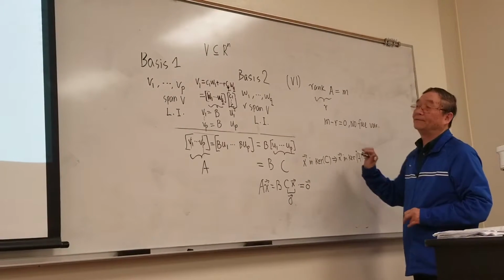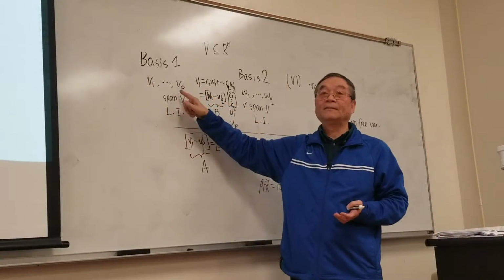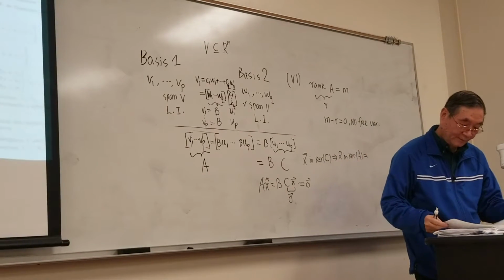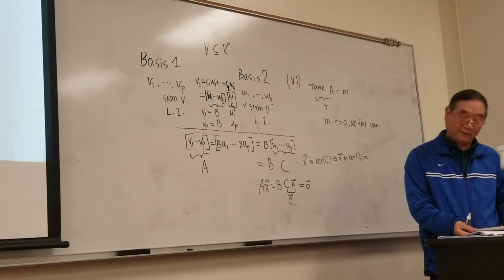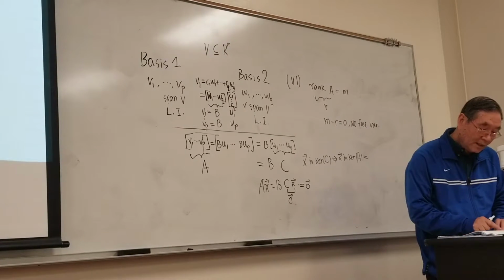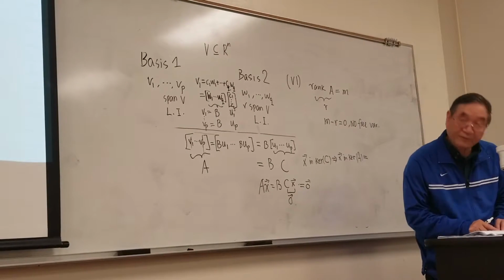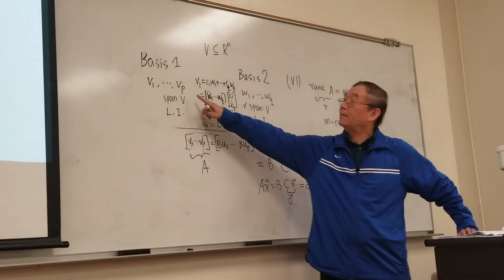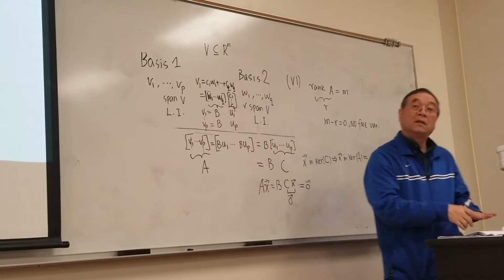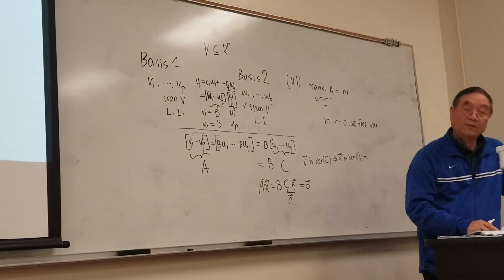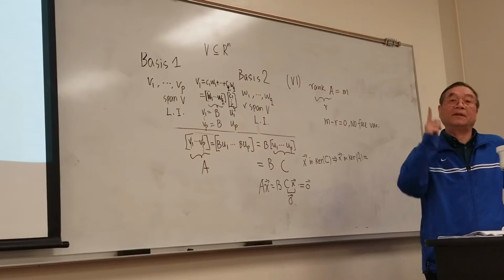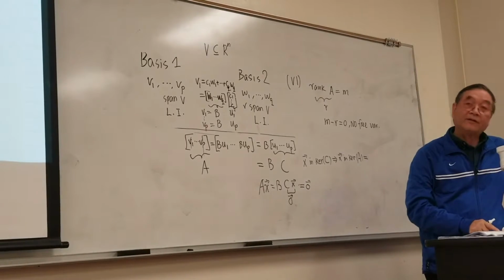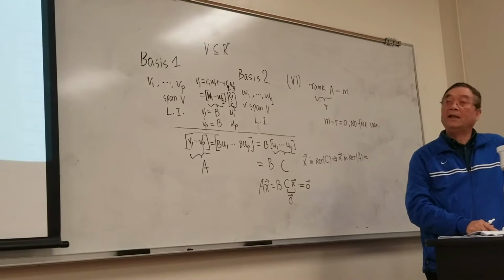But what can we say about the kernel of A? That's in the summary here, so that's why I reviewed this. This is the kernel of A, V1 through Vm. Here m is P, V1 through Vp. In this statement, we are talking about this one, not two bases. So V1 through Vm are linearly independent.